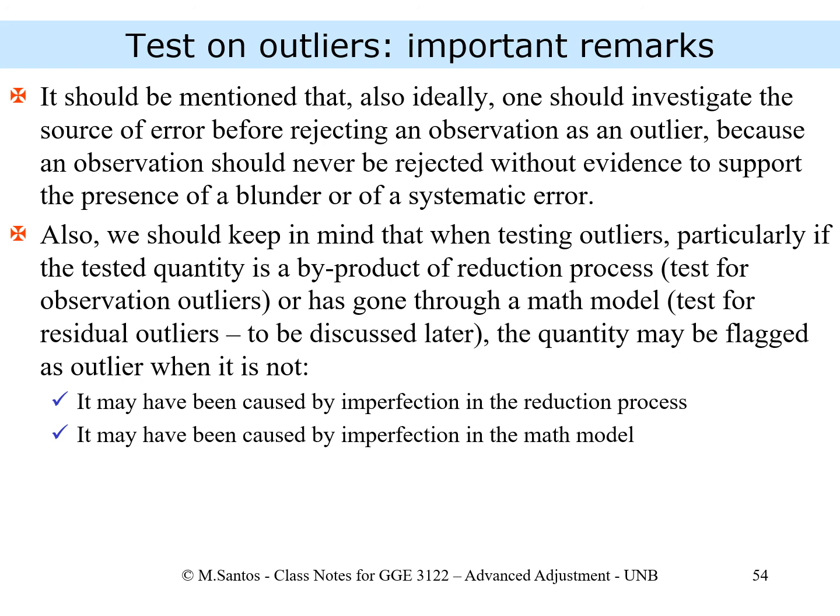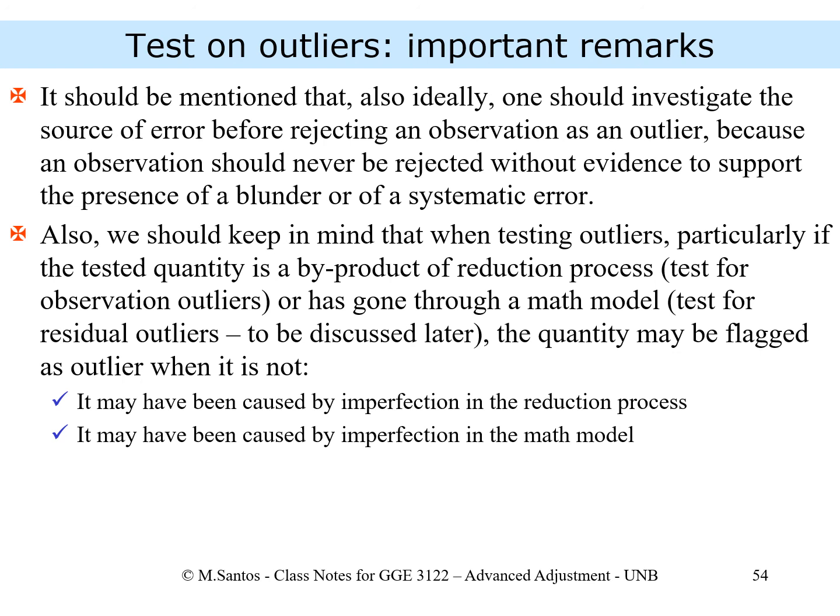I can tell you that in practice, people do the test on outliers, and whatever is flagged as an outlier will be removed, and the iteration should close fast. Maybe just one iteration would suffice in most cases. Something I should have mentioned: if someone does iterations with the test of outliers and it never converges, then the observations are all messed up. Probably there are heavy systematic errors in the observations.